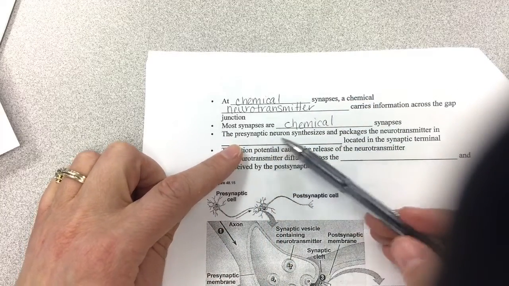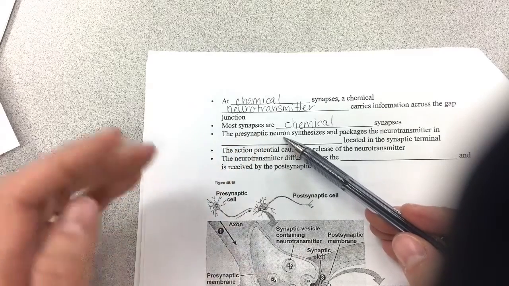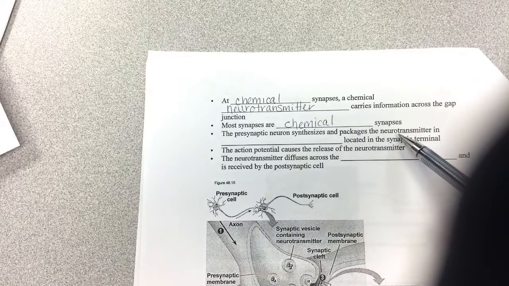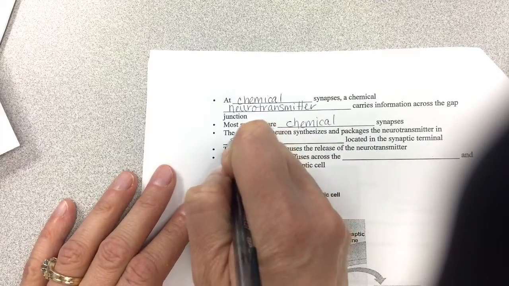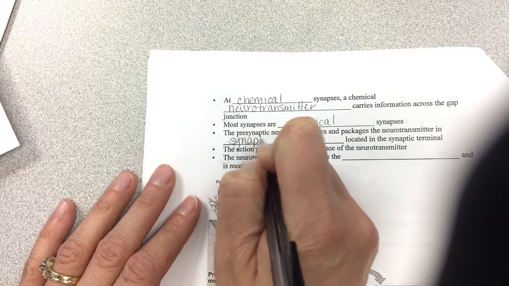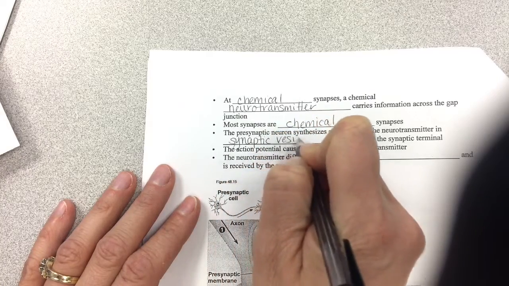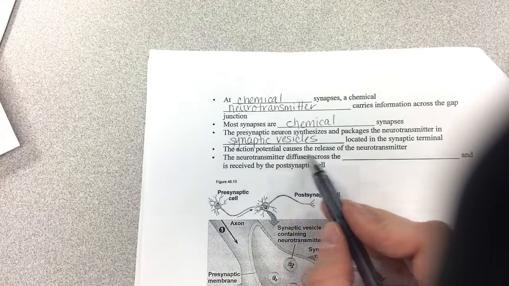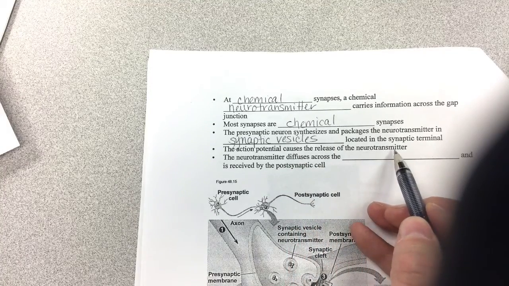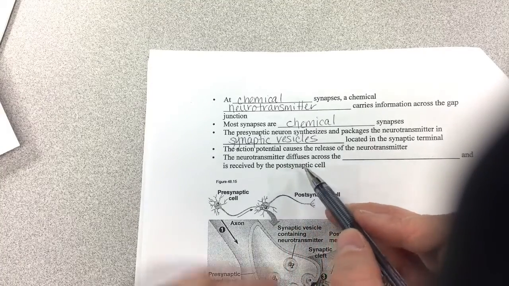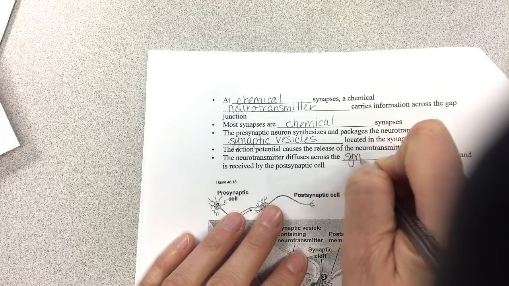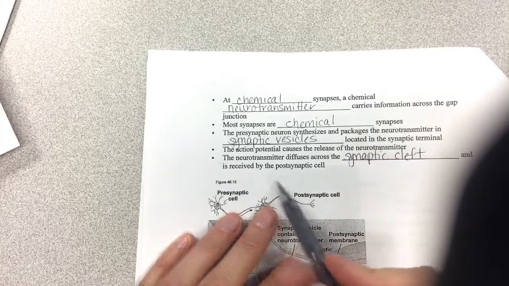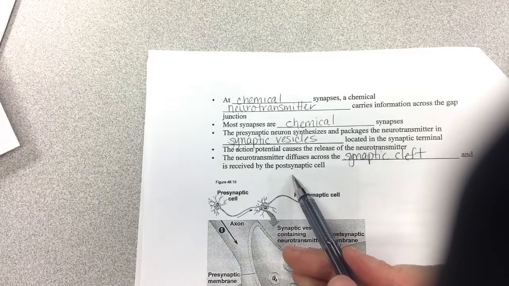So the presynaptic neuron, that's the neuron that's going to do the communicating, synthesizes and packages the neurotransmitter in what we call synaptic vesicles, located in the synaptic terminal. The action potential causes the release of the neurotransmitter, and then the neurotransmitter diffuses across the synaptic cleft and is received by the postsynaptic cell.